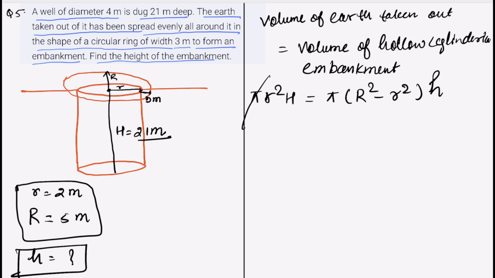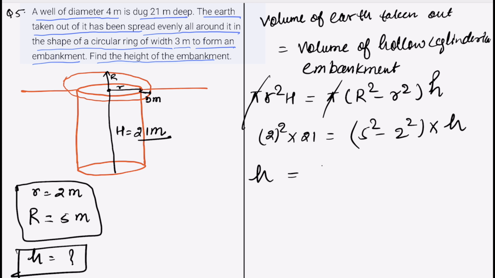So pi will cancel pi, and small r is 2, so 2 square into height 21 equals 5 square minus 2 square, into small h. From here h is 4 into 21 upon 25 minus 4, that is 21. 21 cancels 21, so h equals 4 meters.